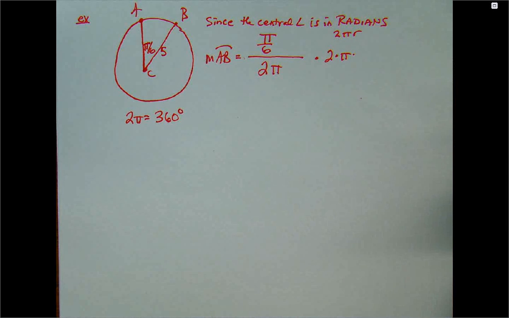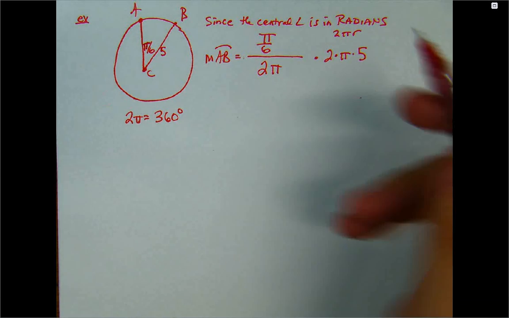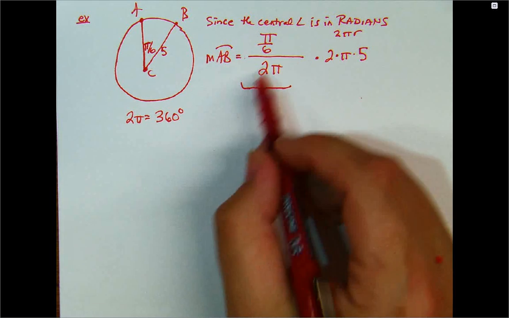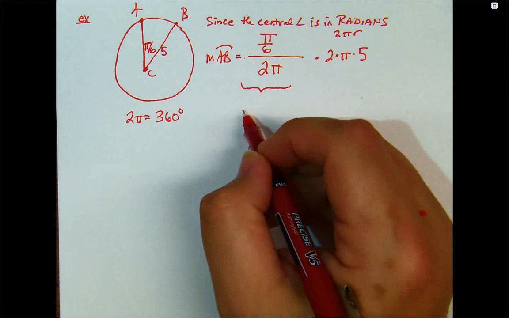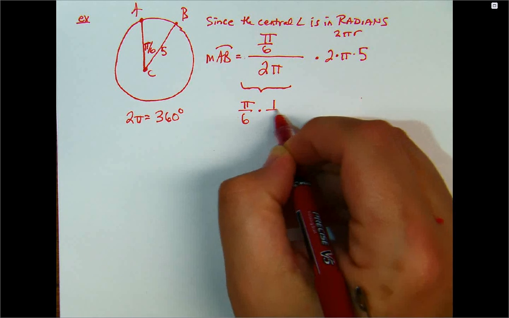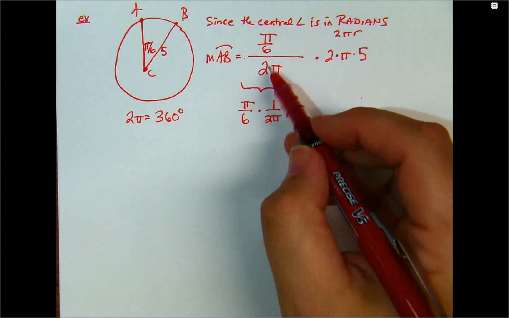Now for this guy right here, we want to treat it like this. It's pi over 6 times 1 over 2 pi. When you have a fraction over a fraction, it's like multiplying by a reciprocal. Now, what can we divide out?